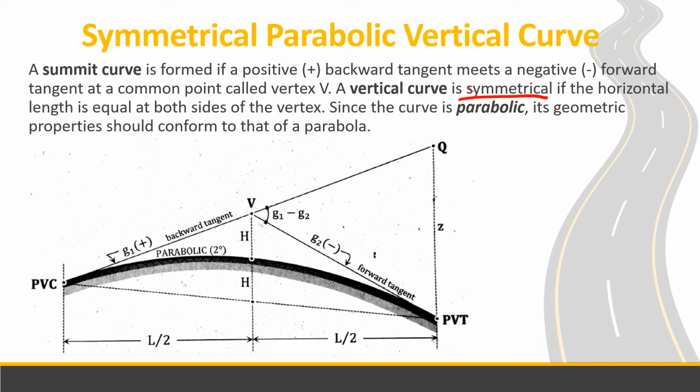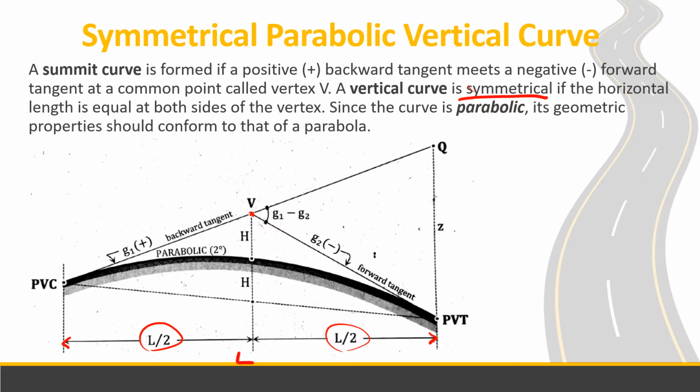That means the vertex is located at the midpoint of the curve, so that is L over 2 and L over 2. The considered length of the curve is the horizontal length of the curve. So this length is L.